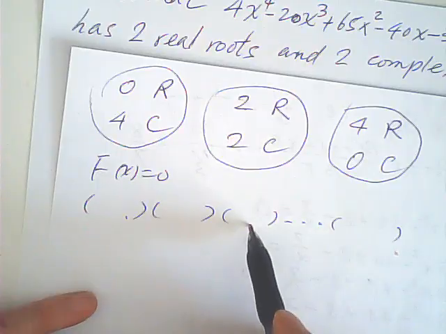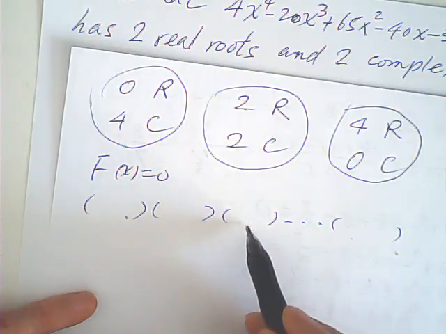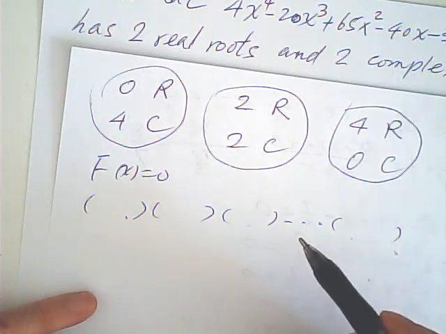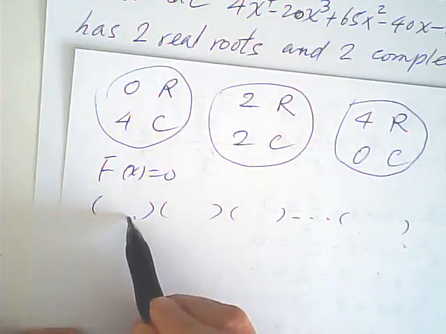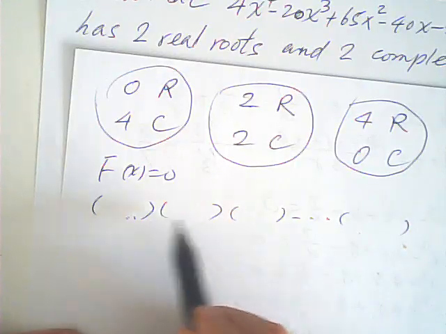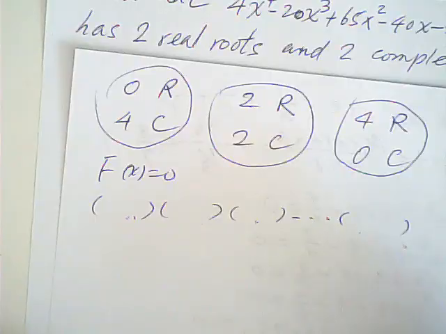If a quadratic is reducible, then you can reduce it into linear factors again. From linear factors, we have real roots. From an irreducible quadratic, you have complex roots.